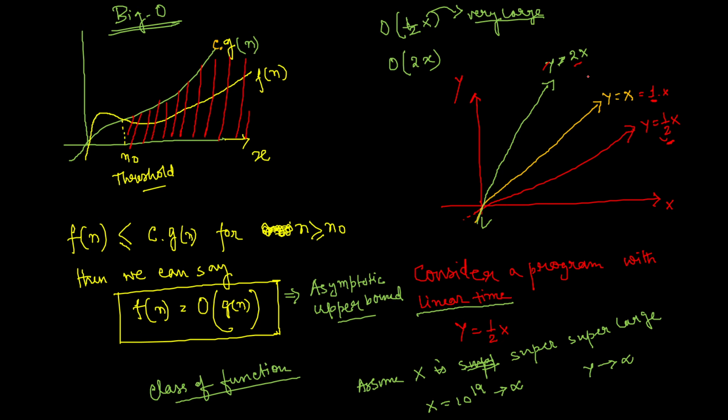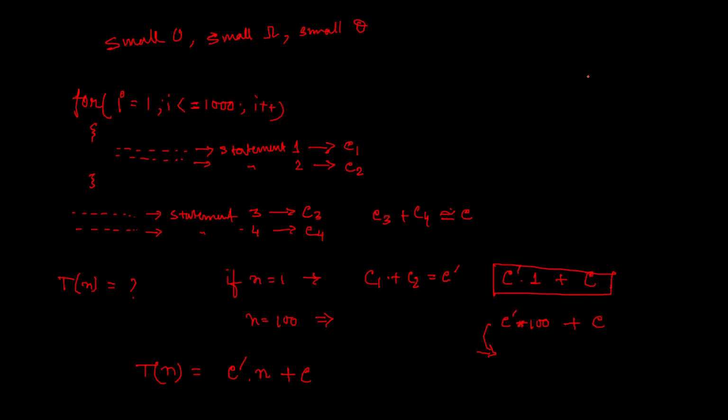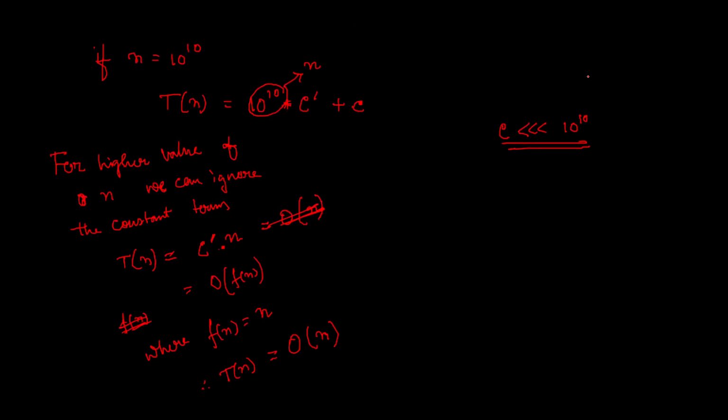As we are saying, within this particular analysis phase, our goal is not to compare with a specific type of curve or specific type of function. Our intention is to compare with a class of function. Here you don't really know what C dash means.